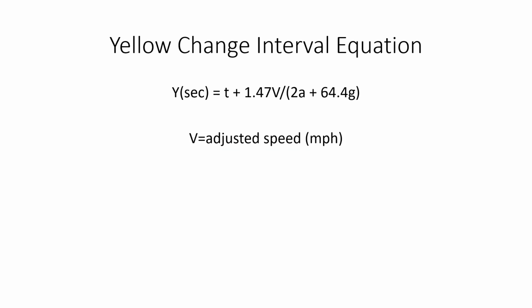V will be the adjusted speed. This will be 7 miles an hour over the speed limit, as drivers generally speed. A will be the rate of deceleration, for which we will use 10 feet per second per second. And G will be the grade of approach, for which we will use 0.